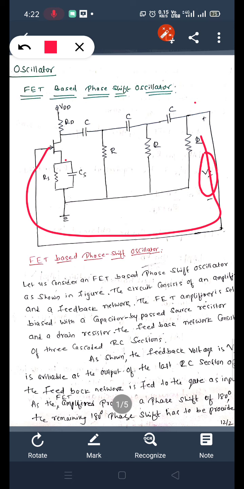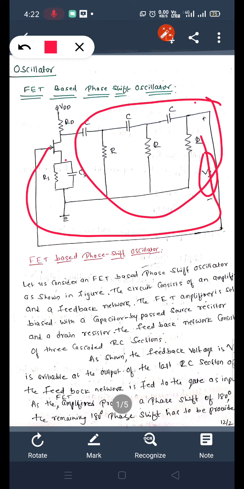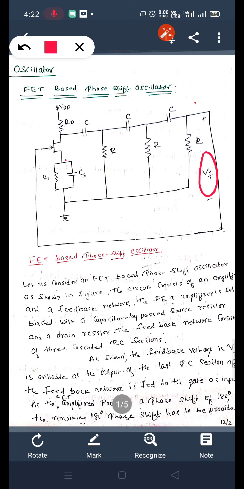As the FET amplifier provides a phase shift of 180 degrees, the remaining 180 degrees of phase shift has to be provided by the feedback network to obtain a total phase shift of 360 degrees around the loop.